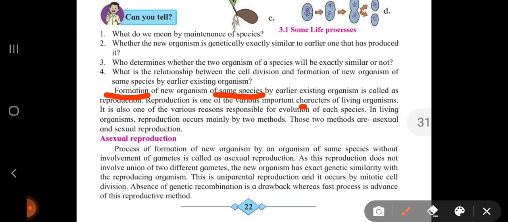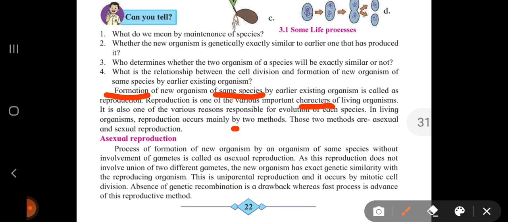So when a new organism is formed from the earlier one, the process is called reproduction. Okay, this is clear. And it is one of the various important characters of living organism. It is also one of the various reasons responsible for evolution of each species.